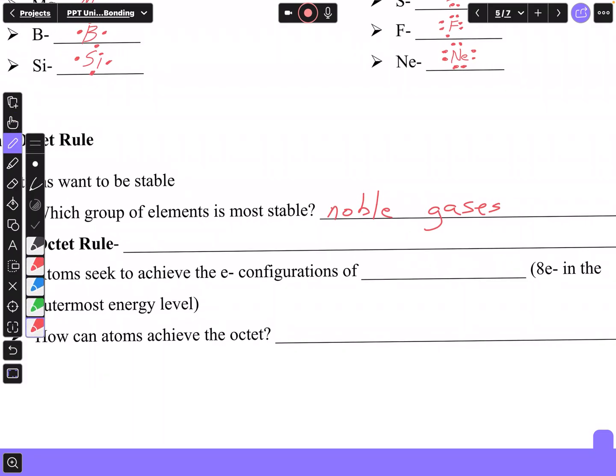What's the octet rule say? You need 8 electrons in the outer shell to be full.